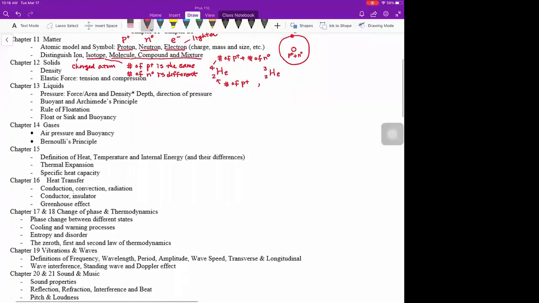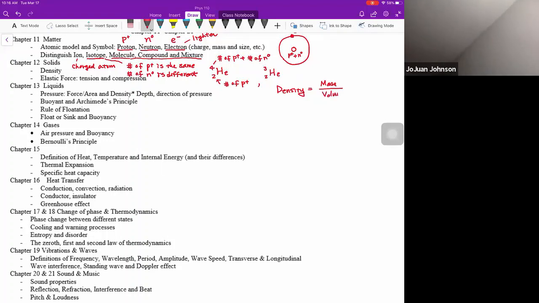For chapter 12, the solid, we first give you the definition of density. Let me write down what density depends on. Anybody know what the density depends on? It depends on the mass. It also depends on the volume.